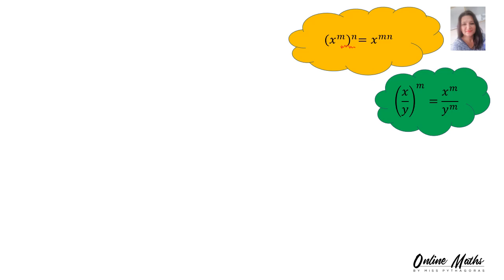And where this comes from, I can even show you, is if I give you x to the 3 bracket raised to the power of 4, this is the same as x to the 3 times x to the 3 times x to the 3 times x to the 3. And then the rule says when you multiply, you add exponents, and that is why it's x to the 12. So the short way is you could just say x to the 3 times 4 is 12.